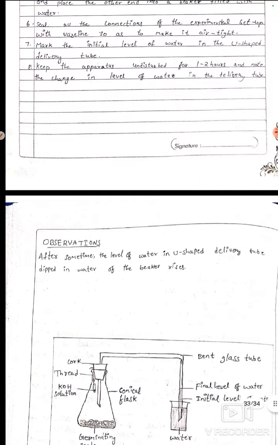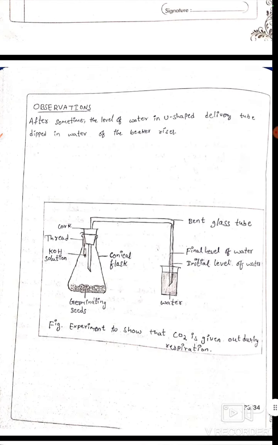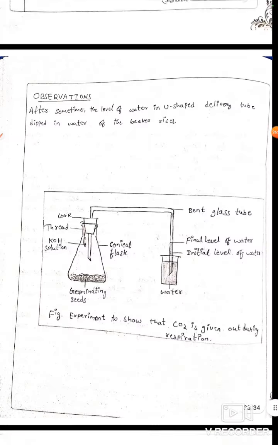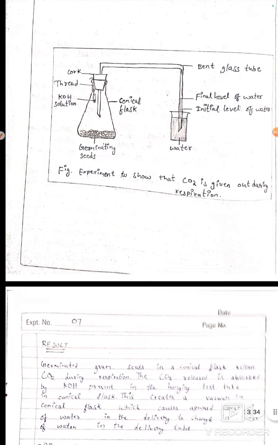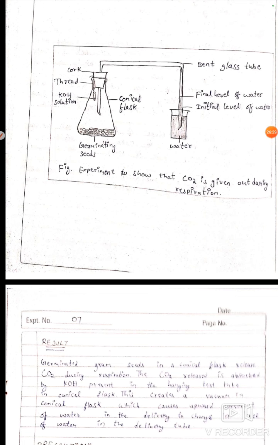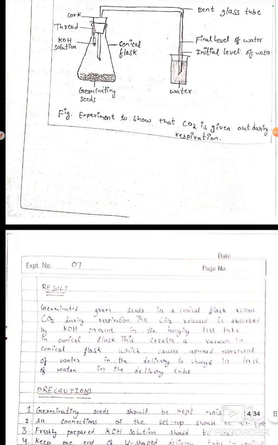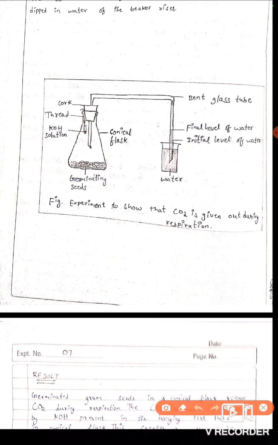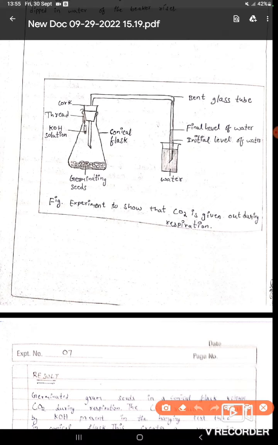Then now again observations. It's a sudden rainfall. Okay, fine. Then now, yes, the diagram will be fine. I think maybe the photograph will not be clear.